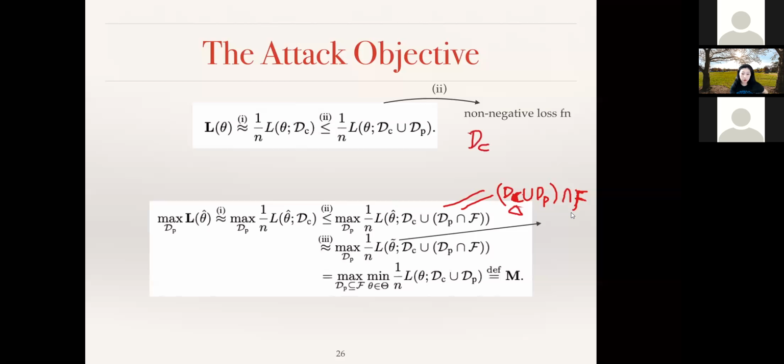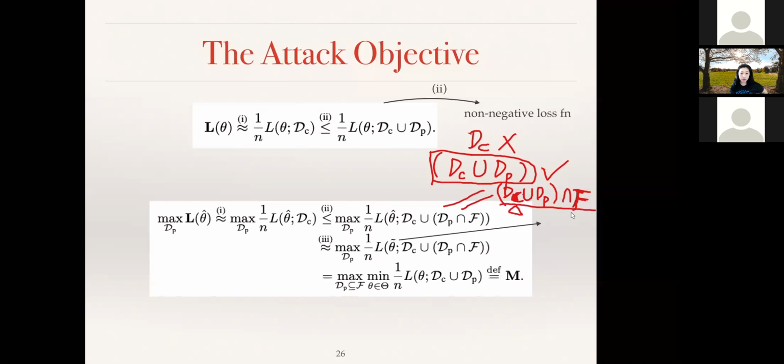You don't see DC. Instead, you see DC union DP. That's what you see as a defender. This is going to be your poisoned training data set. So you would look at all the examples and check if each is in your feasible set. That's why it is this term.